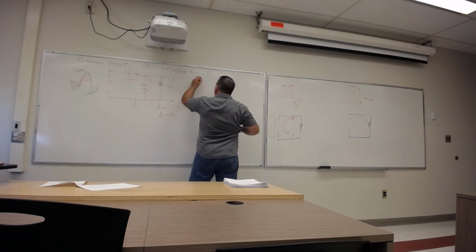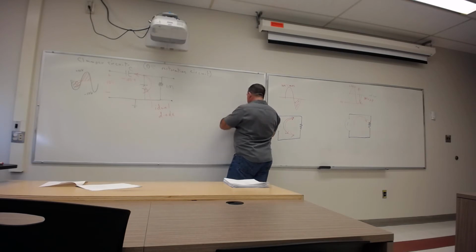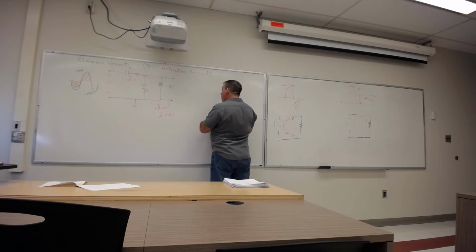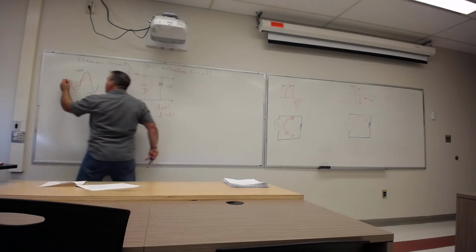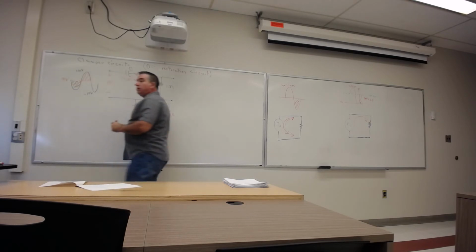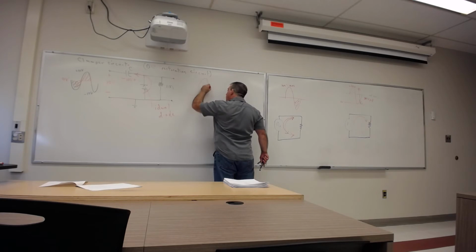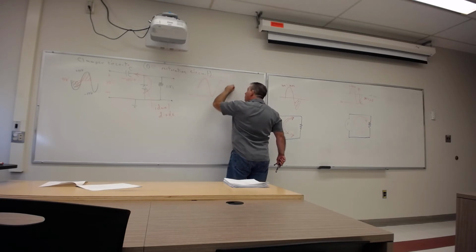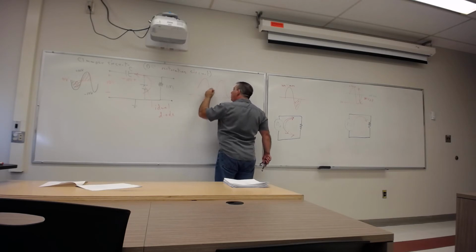So it goes up to plus 20. What this circuit essentially does is take my sine wave that was centered around 0 volts and clamp it up so that it goes from 0 all the way to 20 volts.